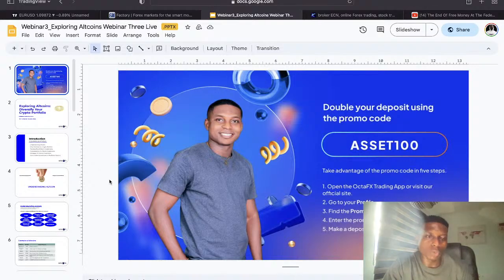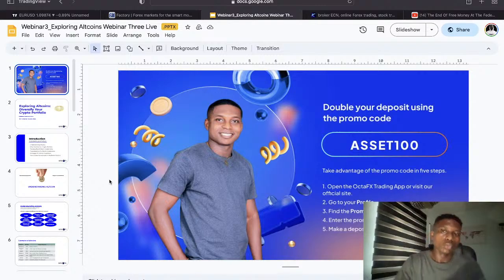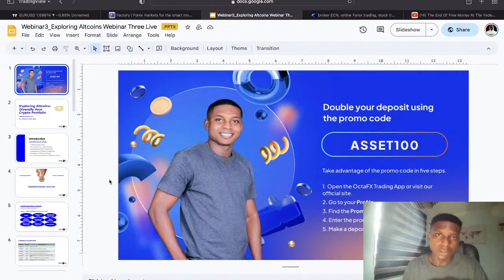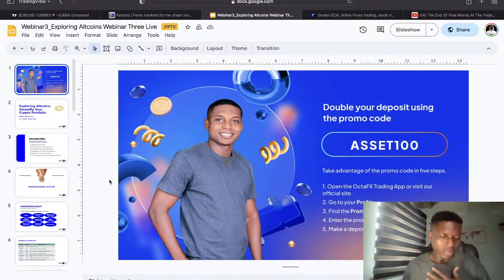So today we are looking at a very important topic, because we started looking at it in our last two webinars, where we started digging deep into digital assets. Digital assets are receiving a lot of attention right now, and traders are developing so much interest in understanding them.